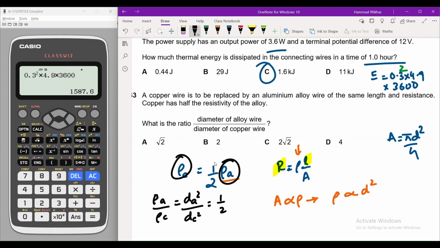Sorry, it's the other way around, that's 2, because you see that's copper. Sorry, my bad. So when we take the square root, diameter of alloy over diameter of copper will be square root of 2. That's this.